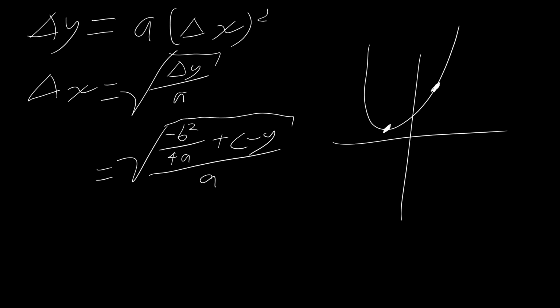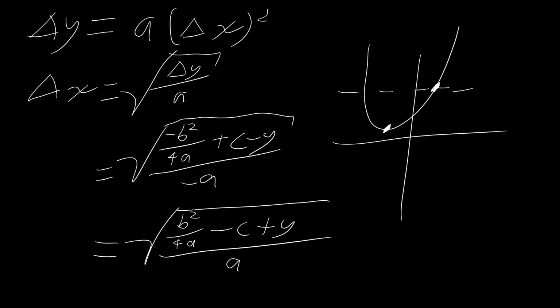So we therefore need to negate this so that the y coordinate is up here, and we'll have two solutions, which we do by going, simplified, to b squared over 4a minus c plus y over positive a.